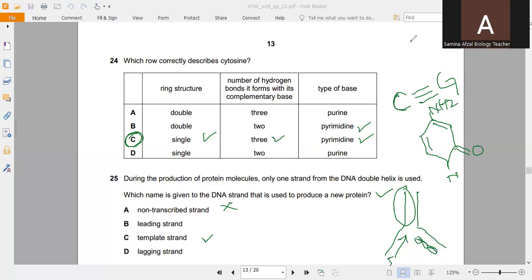So this is not the leading strand, nor the lagging strand. Only the template strand is the strand of the DNA which is copied at the time of transcription. So here C is the correct option. Some answers are simply factual; they consist of facts.